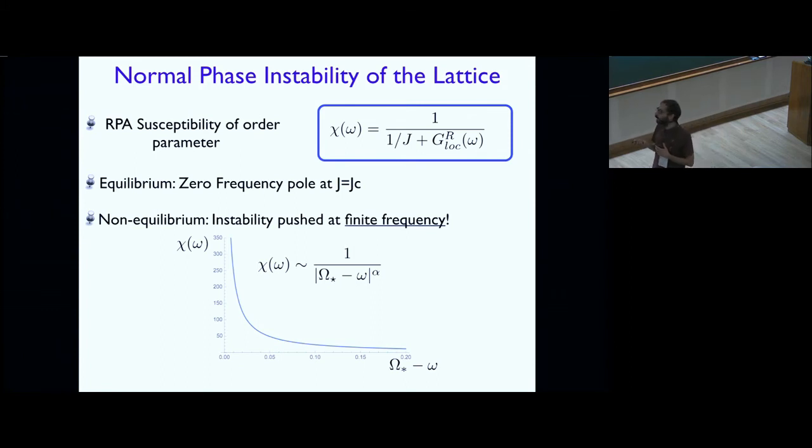So this tells you that the driven Mott insulator is unstable toward a limit cycle, and this instability emerges as a finite frequency susceptibility which diverges. And you can do a little bit more with that.